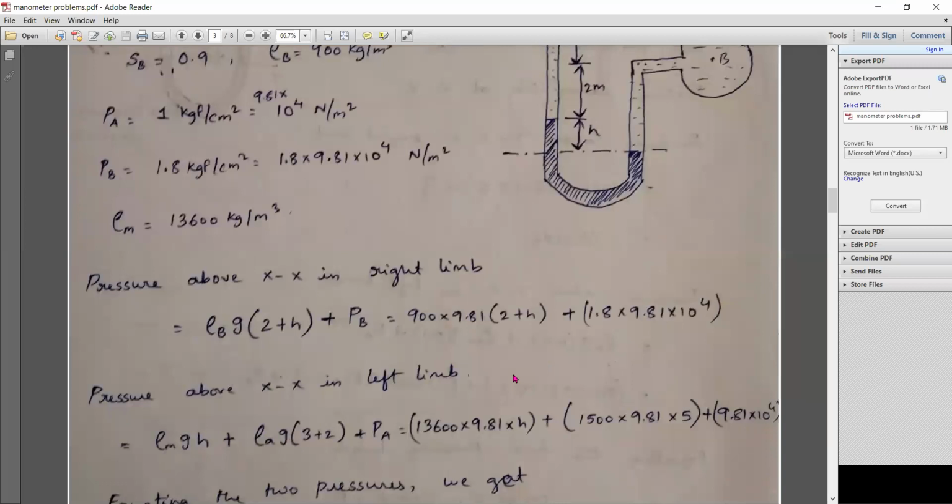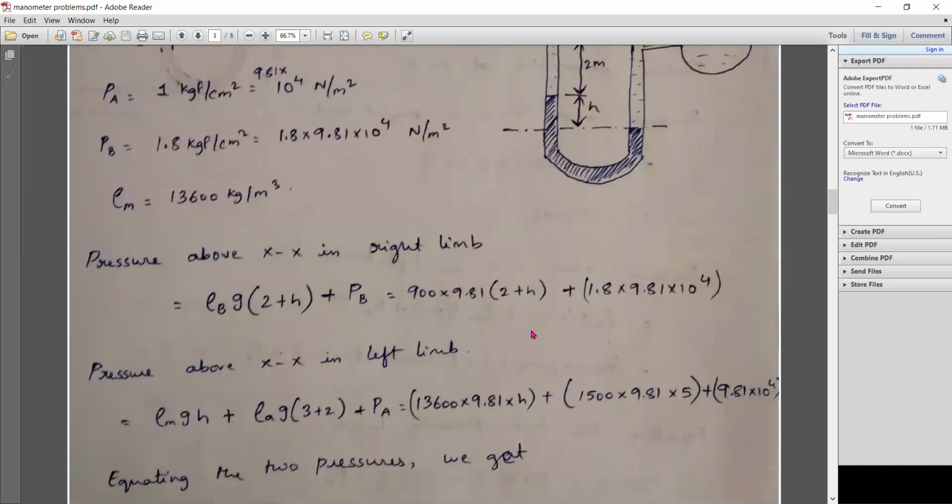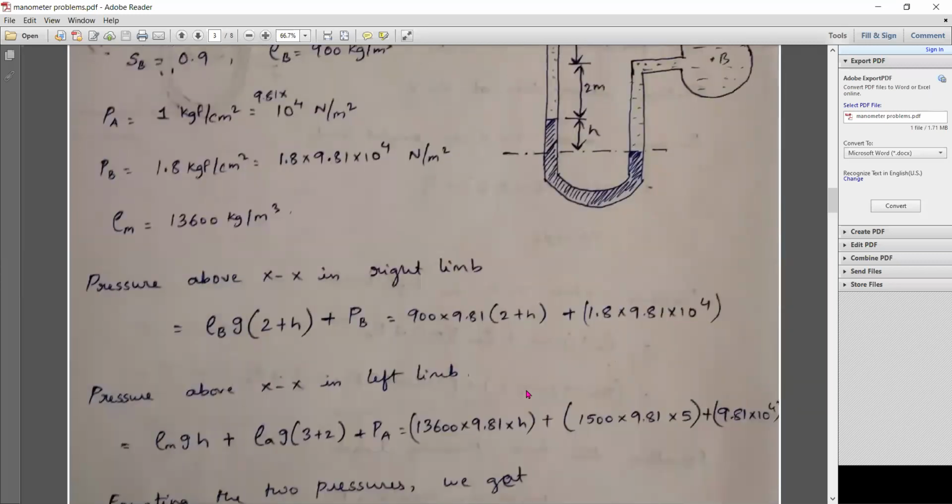After writing these two, now write down the next point. Equating the two pressures, we get the H value. Find the H value. These terms are equal to these terms. Equate both the equations and find the H value. Slowly you do, please don't be in a rush.